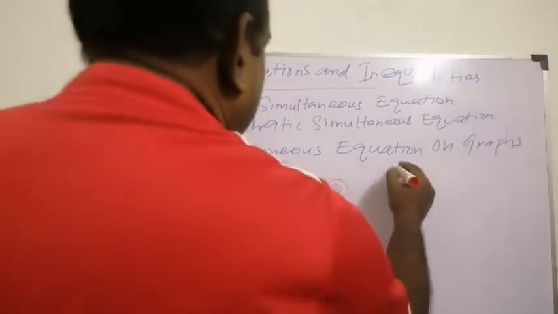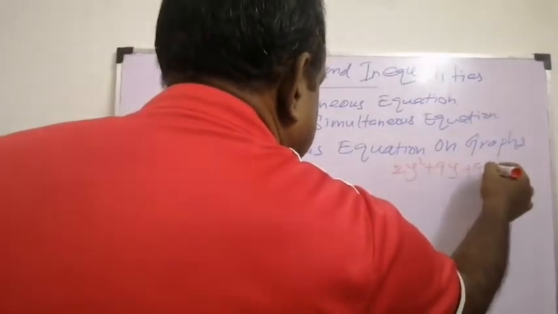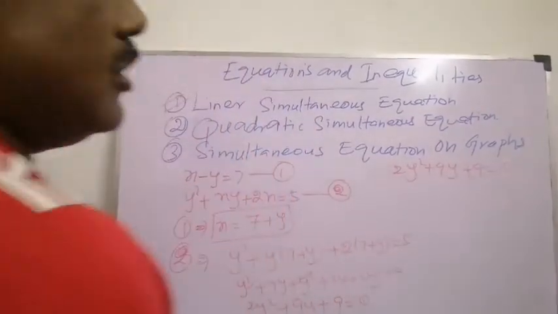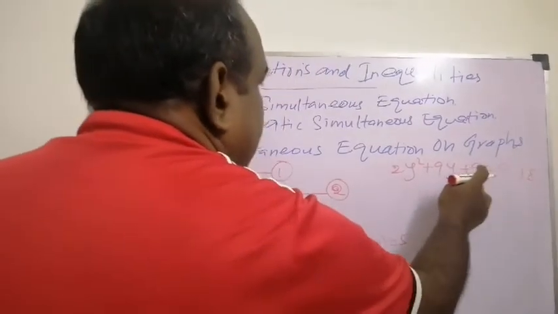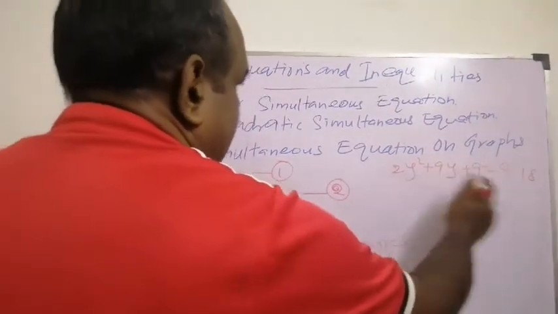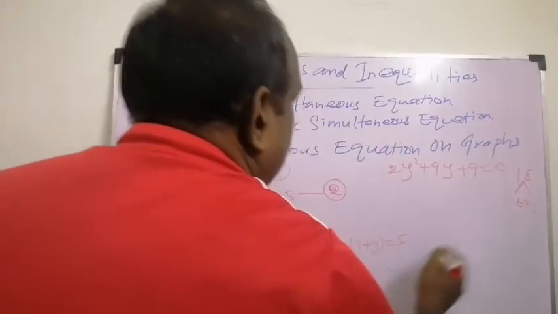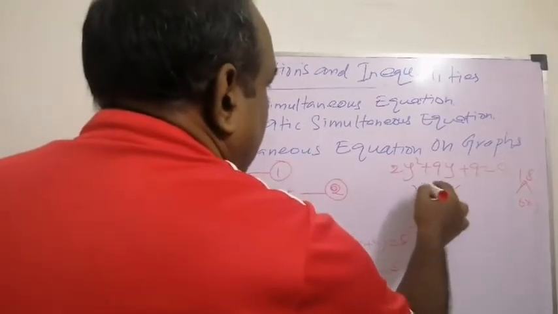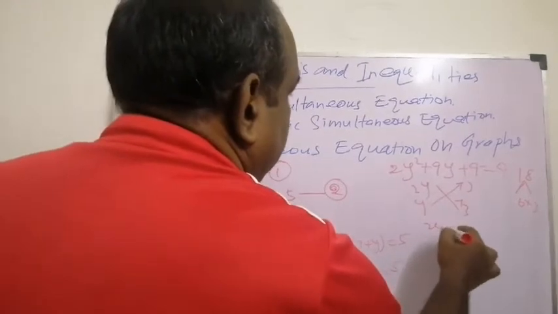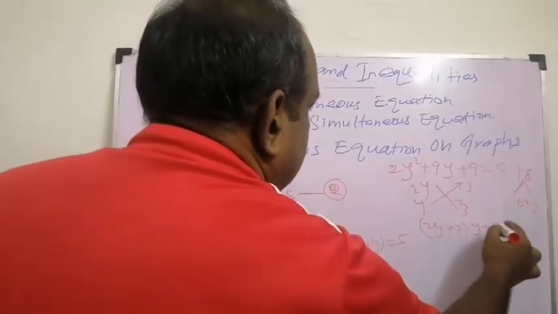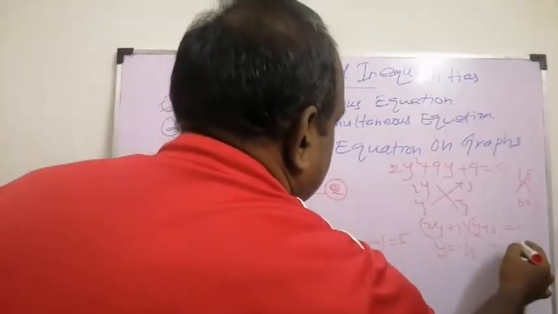Now we have 2y squared plus 9y plus 9 equals 0. 2 into 9 is 18, and the factors are positive, the same sign, so it's 6 into 3. So we write 2y and y, 3 and 3, positive and positive. 2y plus 3 is one factor, y plus 3 is another factor, equal to 0. Y is equal to minus 3 over 2 or y is equal to minus 3.